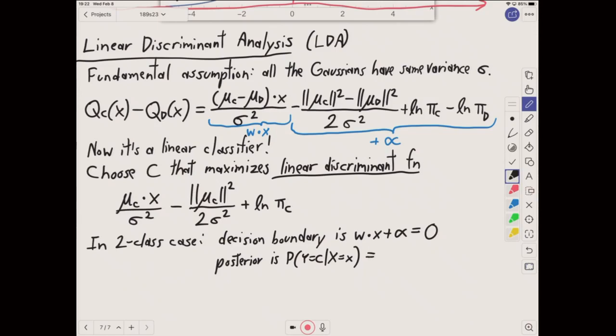And we can write that as the logistic function applied to w dot x plus alpha. So this simple standard linear decision function, you just plug it into S, and now you've got your posterior probability. So not only can you say, hey, I'm in class C, you can also say, there's a 72% chance I'm in class C.